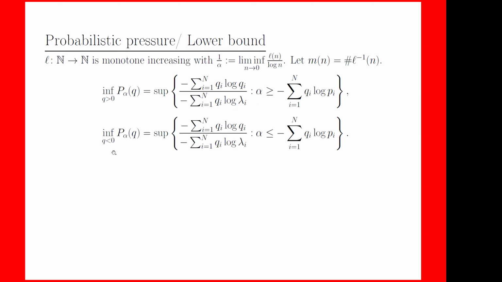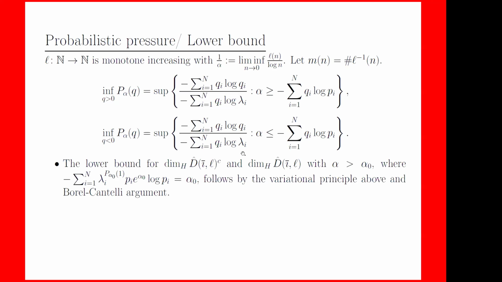And the symmetric case happens for negative Qs. And this variational principle is very, very useful, because then you can provide a lower bound for the complement set. This is why it's maximal and then follows the pressure. And also for the covering set for sufficiently large alphas which are larger than this alpha naught, you can use this variational principle.